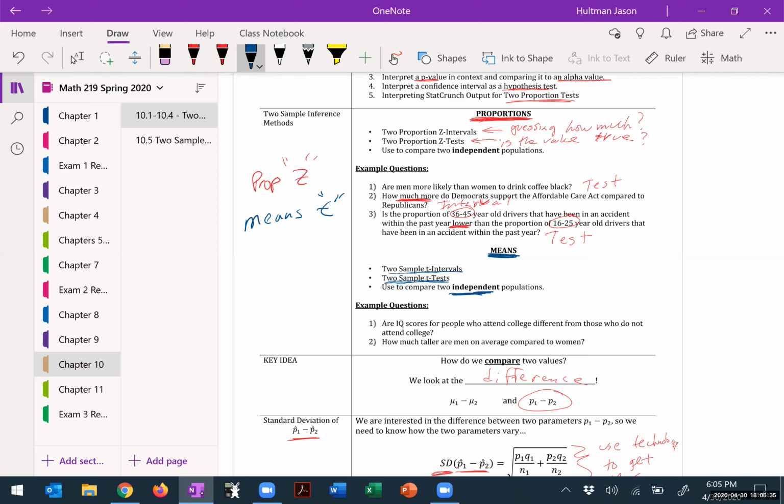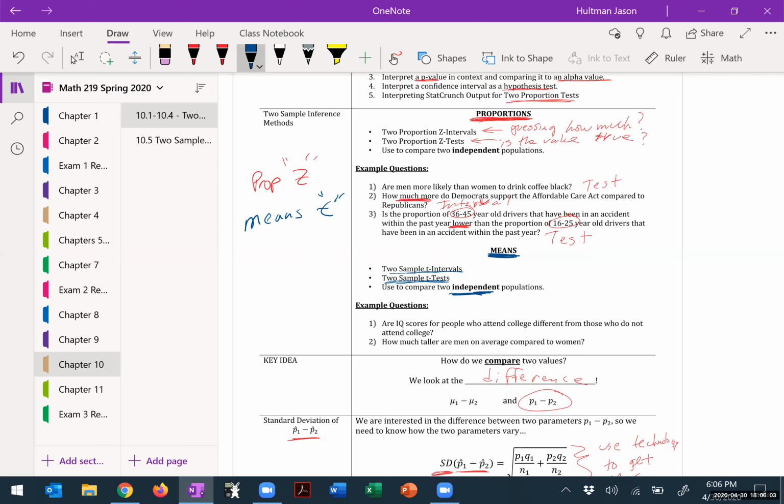It's not a random assignment. I'm not just throwing all the guys in one pit and all the girls in another pit and saying, how do they compare? No, I'm saying, look, I'm going to compare this couple to this couple to this couple. So that would be dependent. Here we're just going to talk about independent pairings of averages.